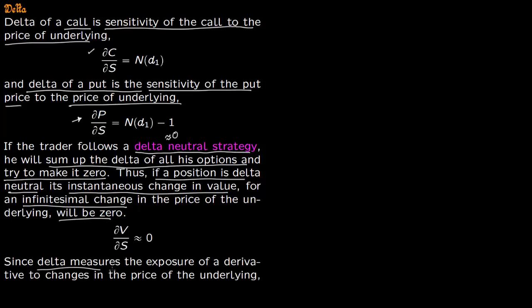Now delta measures the exposure of the derivative to changes in price of the underlying. So it measures the exposure of a put or a call option with respect to changes in the price of the underlying.